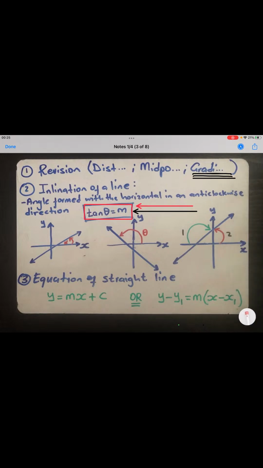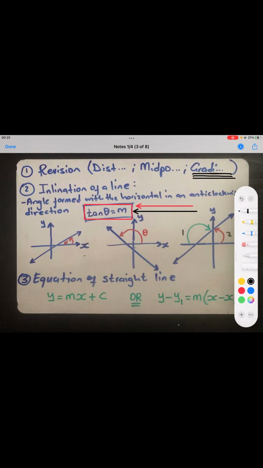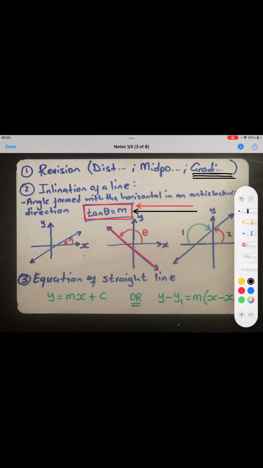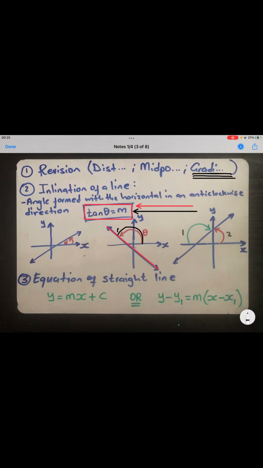So the angle of inclination is that one there. You still use the same formula, honorable members, which is tan of the angle is equals to the gradient. So let's say the gradient is negative 1/2.